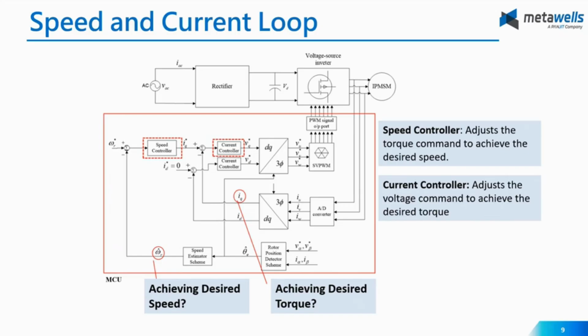So the current controller adjusts voltage to match IQ with the IQ command. So here is the current controller. We usually use a PI controller to control this current, and we generate VQ to generate a PWM signal to control the inverter.